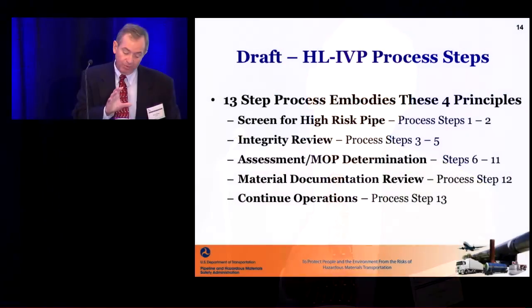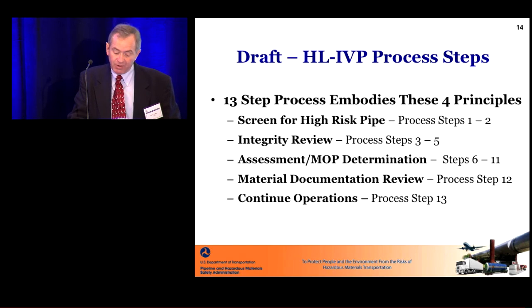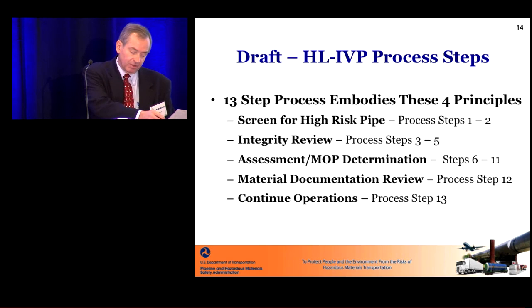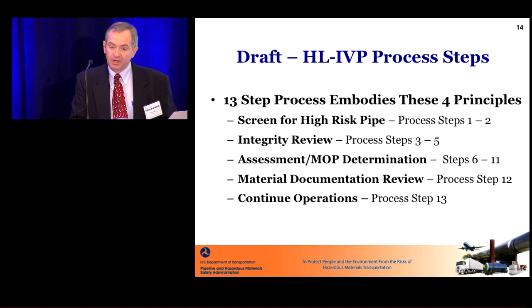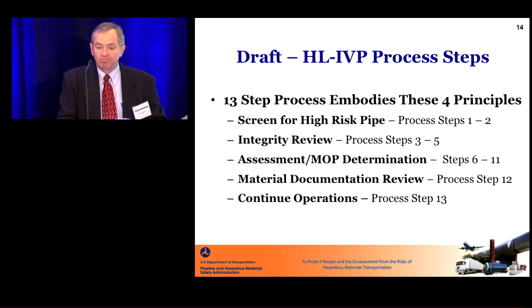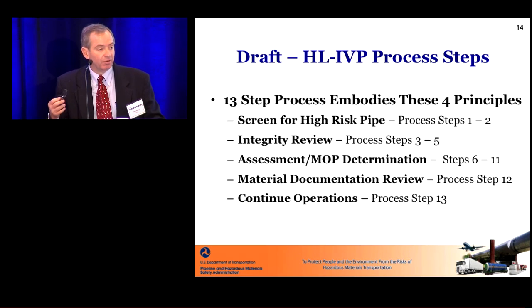But anyway, what we want to do in this process is screen for high-risk pipe, and that would be in the first 2 steps. If you look there, you'll see that. Then do an integrity review. That's process steps 3 through 5. And then the assessments or MOP determination. As you look through here, you'll see steps 6 through 11. And then after you go through those, you get your assessments complete, whether you've pressure tested, where you've run ILI and done digs.